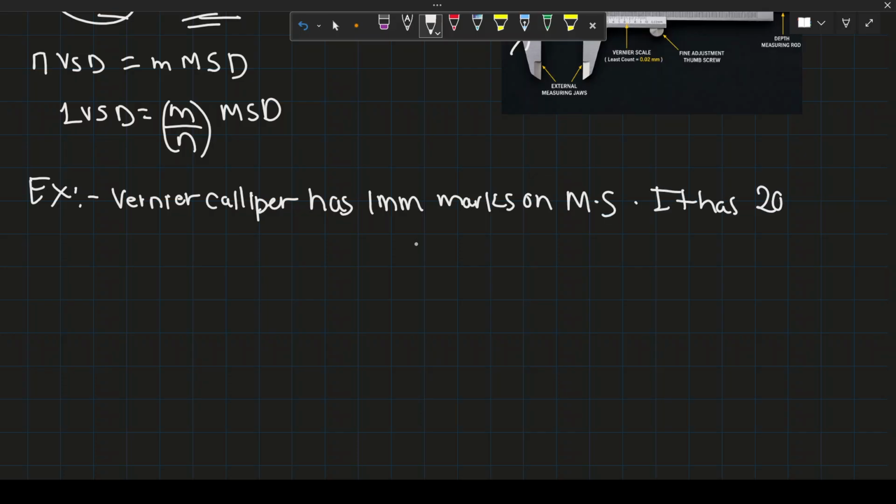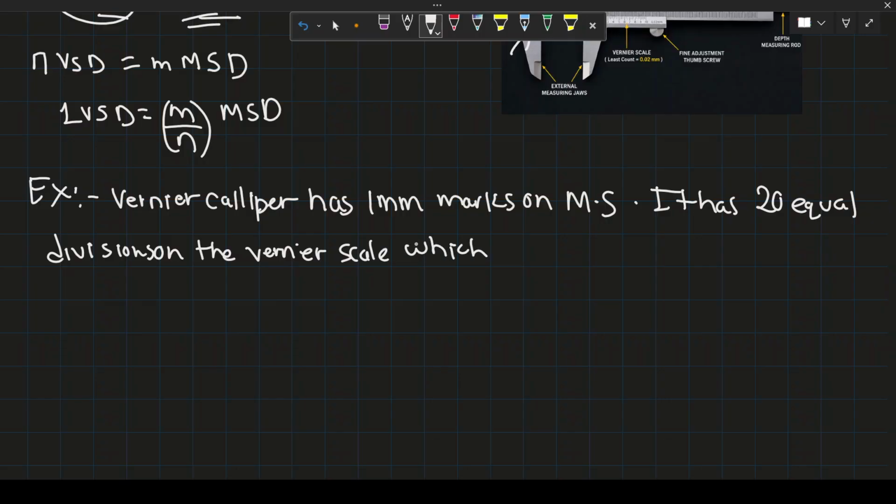It has 20 equal divisions on the vernier scale, which matches with 16 main scale divisions, and they ask you to find its least count.